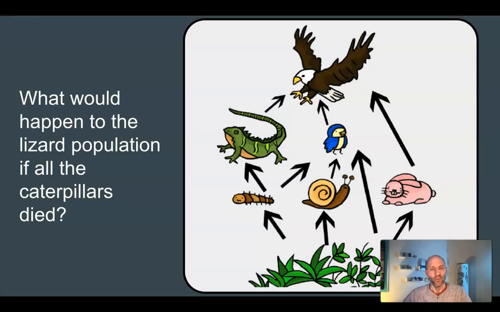How about what would happen to the lizard population if all of the caterpillars died? Let's say we completely killed all of the caterpillars. Well, since the lizards only eat caterpillars, if you removed all of their food, then the entire lizard population would die.